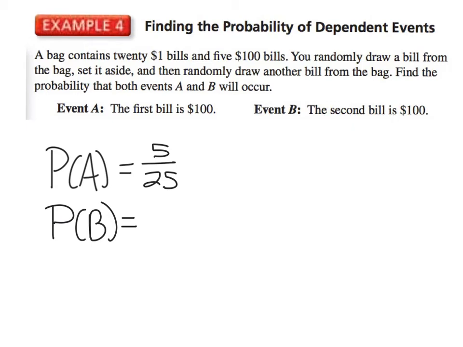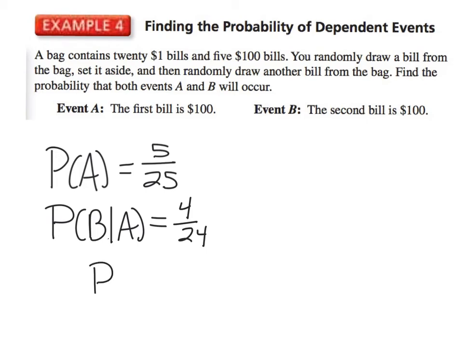Because the probability of event B would be that we're just pulling out a $100 bill. We have to have B given that A happens first. This is the conditional probability. We have to write the probability of B given that A happens first. So, if A happens, then what's the probability that the next bill is going to be 100? It's going to be 4/24.